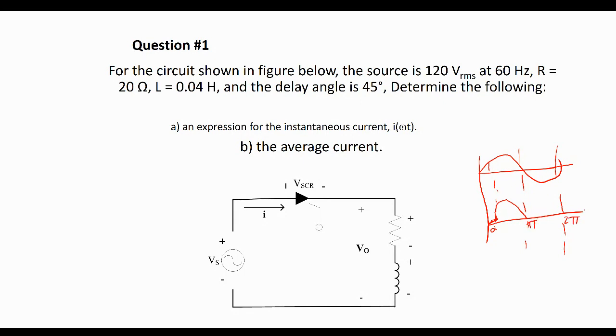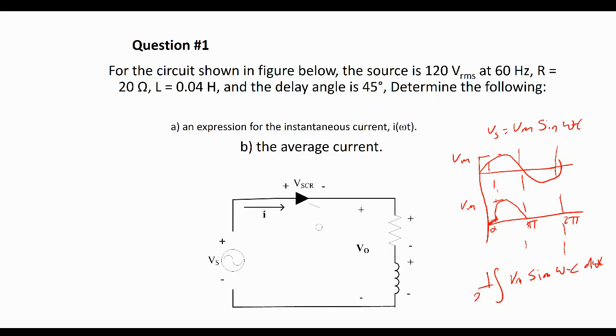So the average over one cycle of the output, that is the average of Vm sine omega t, and of course we integrate with respect to omega t, and this would be over 2 pi.